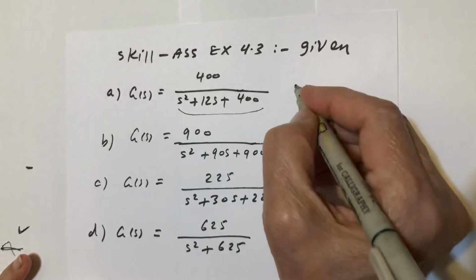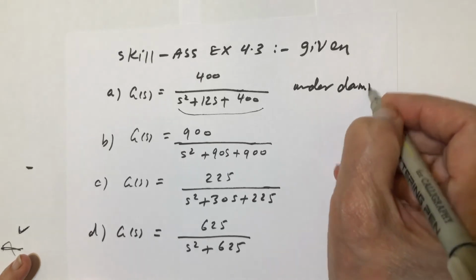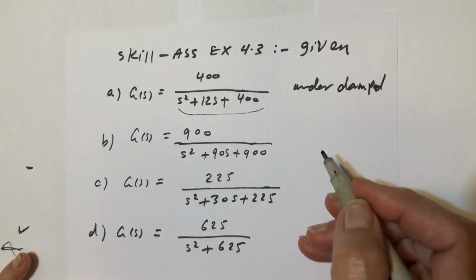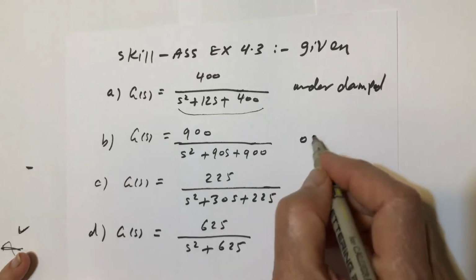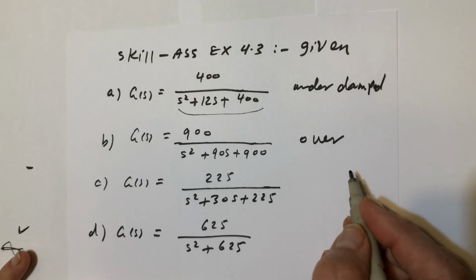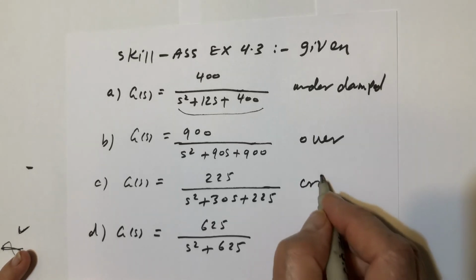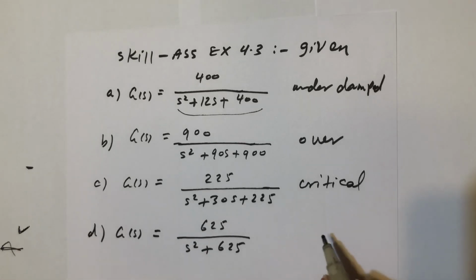Actually, the first one will be underdamped, and b is overdamped, and c is critical. And this one is clear. It has no middle term, so this is surely no damping. They call it undamped.